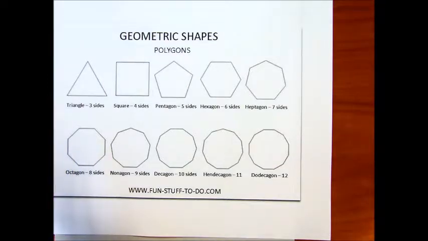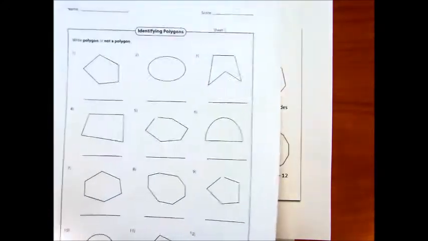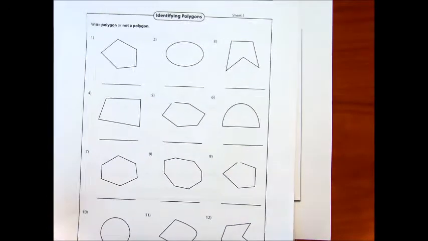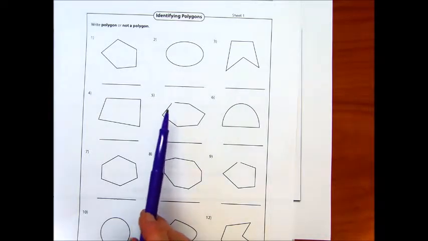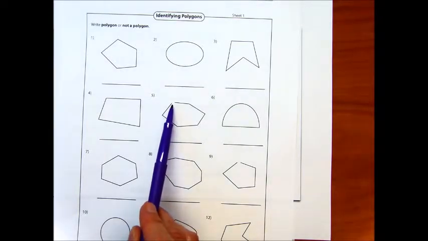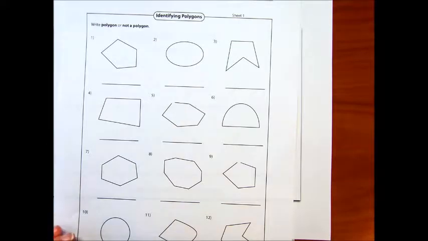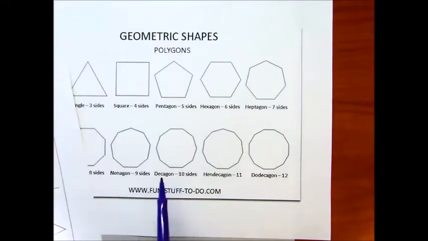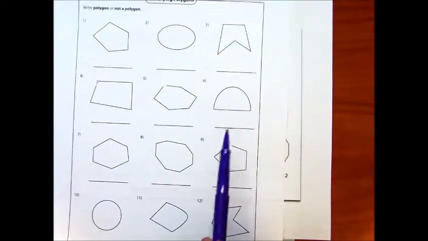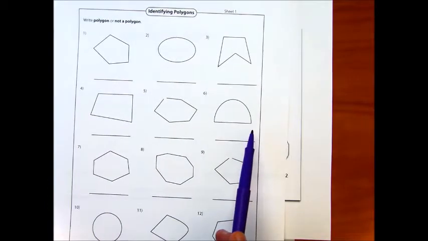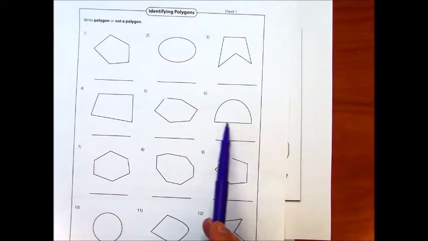Here, I've got some pictures over here, another worksheet I found online. Notice number 5, this is an open figure. It's not a closed system. The other thing is, like I said earlier, these are made up of line segments. Here we have some figures that are not polygons because they're made up of curved lines, like number 6 here.